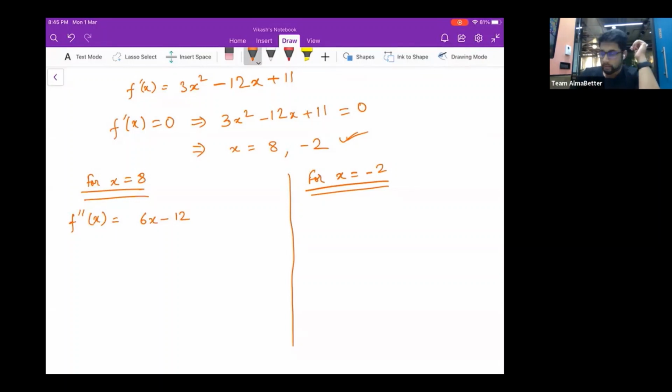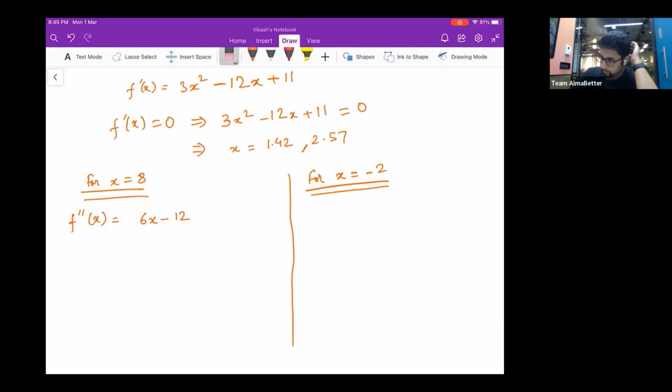Can you give me the correct values of this? Okay, okay. So around 1.42 and 2.57. Okay, this is what it is coming, right?